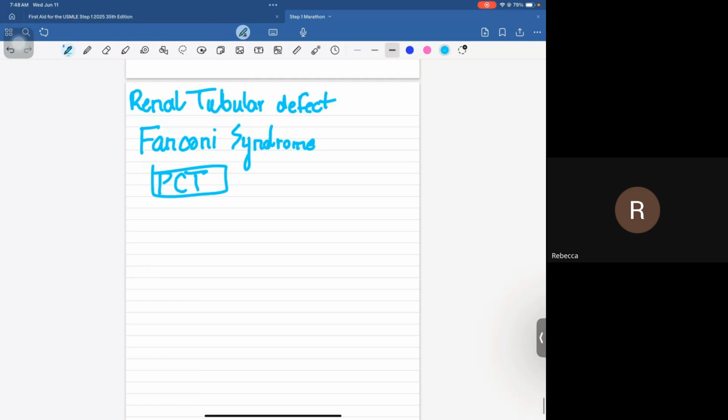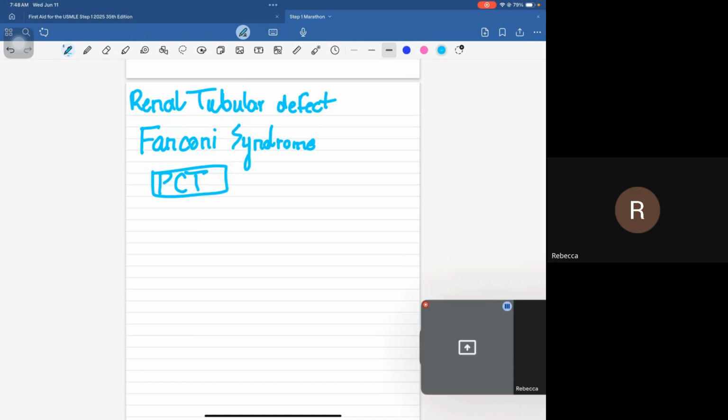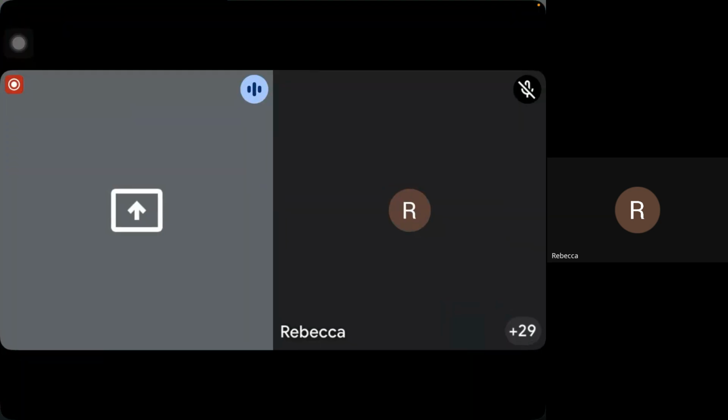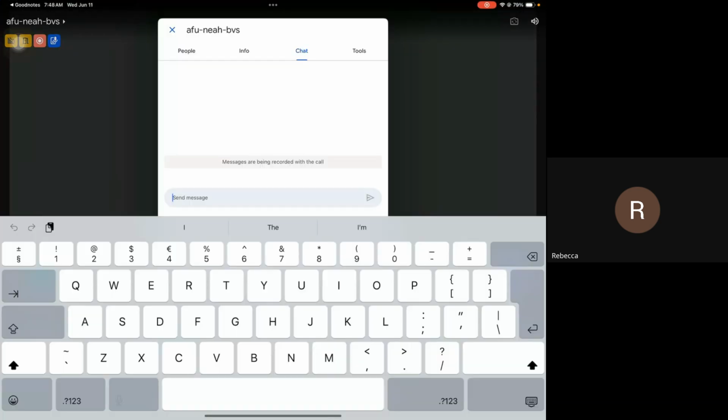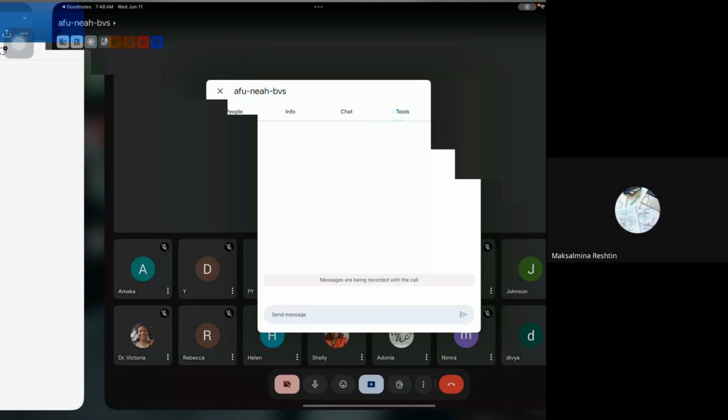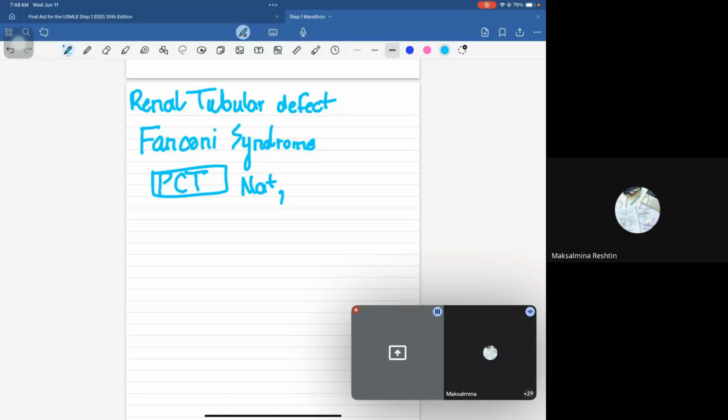Now when the proximal convoluted tubule is not going to work, no reabsorption is going to occur there. So what are the substances that are absorbed here at the proximal convoluted tubule? Sodium and glucose, yes. What else? Potassium too. Glucose, 100%.